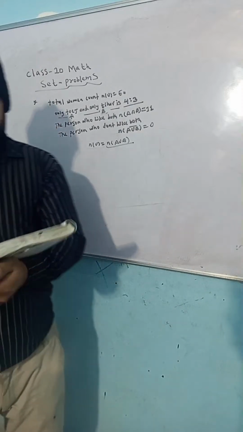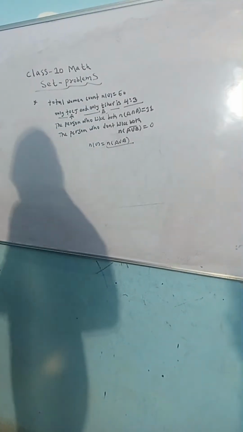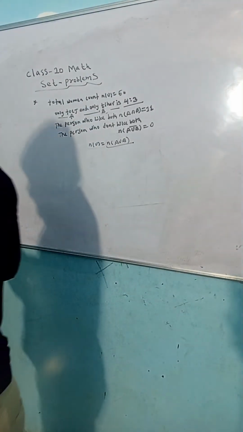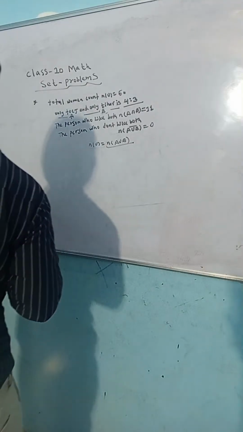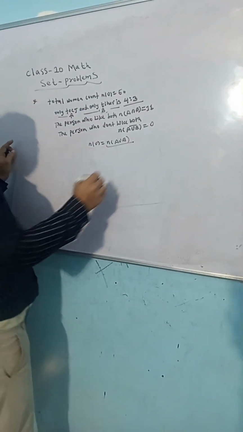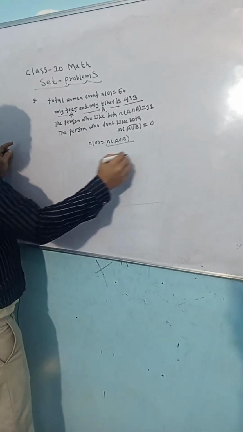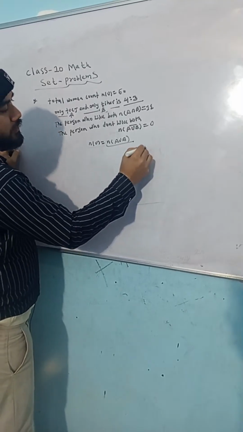So this is the case, guys. Now you have to assume some value and find the value of x, and this 11 is given just to show in the Venn diagram. Here we have the Venn diagram, this is the union.